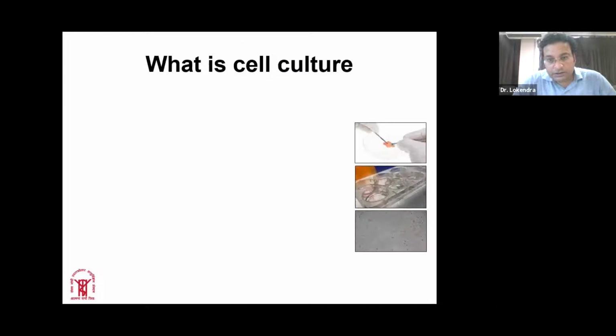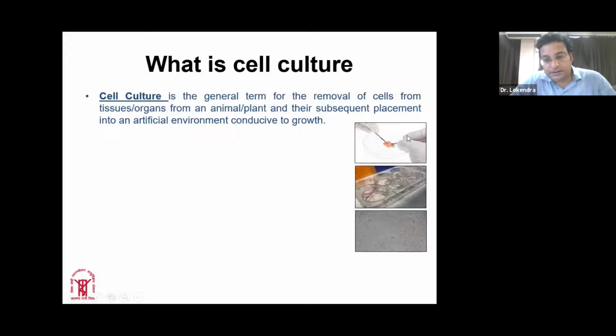So to begin with, the first question is, what is cell culture? So basically cell culture is isolation of various types of cells from a tissue or organ. It can be either an animal system or plant system or patient samples, and then their subsequent growth in an artificial medium which is required for their optimum growth.